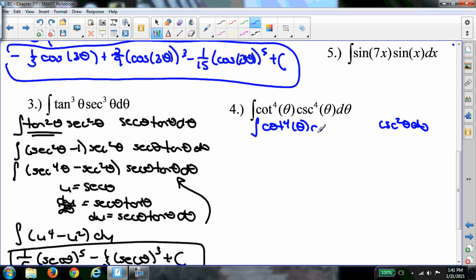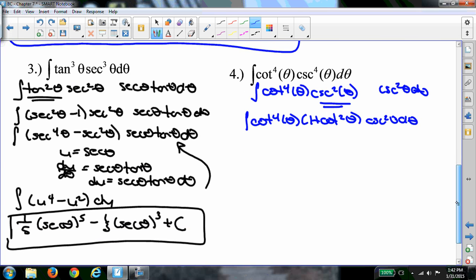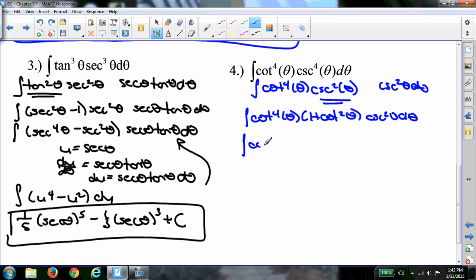I have cosecant squared theta, and I need to basically rewrite this into cotangents. So cotangent to the fourth theta. Cosecant squared is 1 plus cotangent squared theta. Cosecant squared theta, d theta. This time distributing, I'm going to have cotangent to the fourth theta plus cotangent to the sixth theta, cosecant squared theta, d theta.